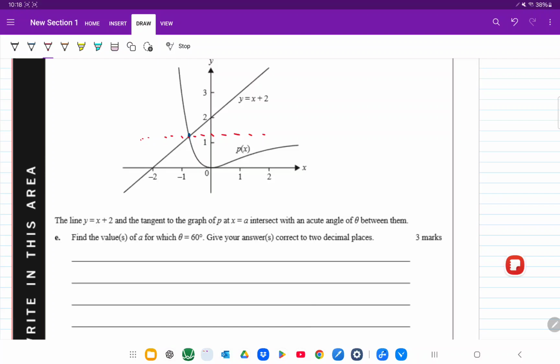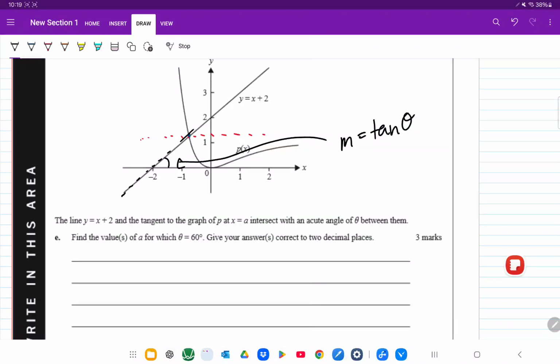Now, what we need to do is extract that information and understand that when we look at this bottom line here, there is the definition of the gradient such that m is equal to tan theta.